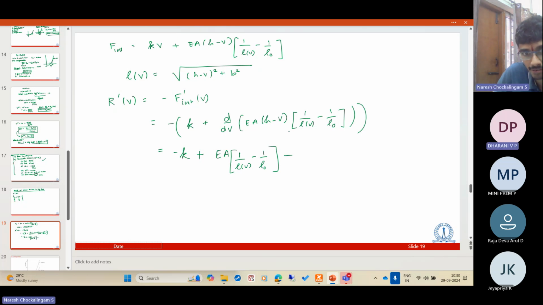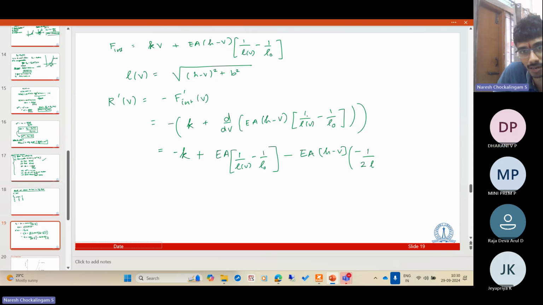Minus the second: H minus V will stay back, and differentiating with V gives a minus, so you get minus EA into (H minus V). In this term, only the first term will contribute; the second term is a constant. So you get minus 1 by 2 into L square.